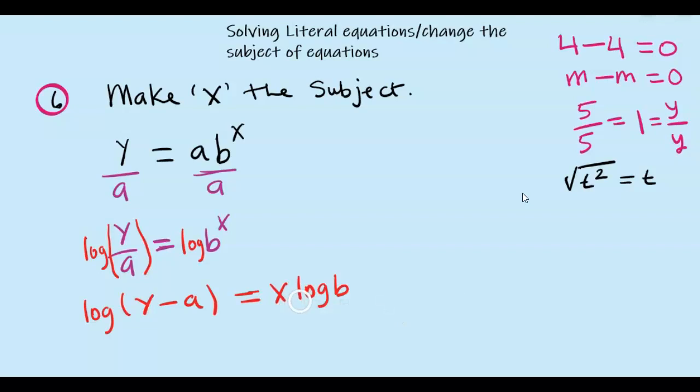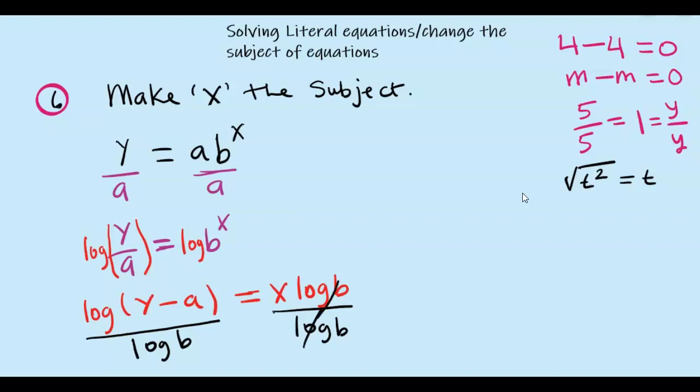Now I want to isolate this. It's being multiplied by log of b, so we are going to divide both sides by log b. Divide here by log b, and we will do the same thing here. Once we do that, we have log b down here and log b up here.